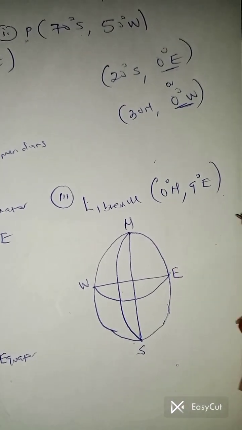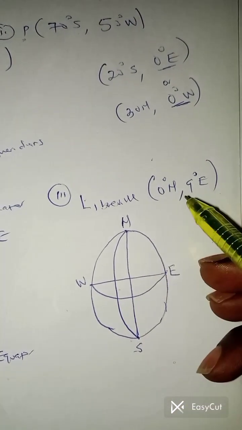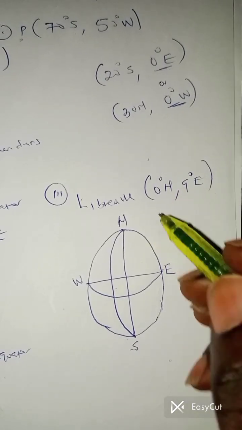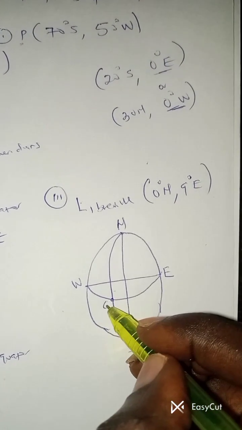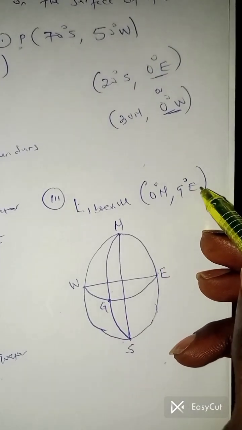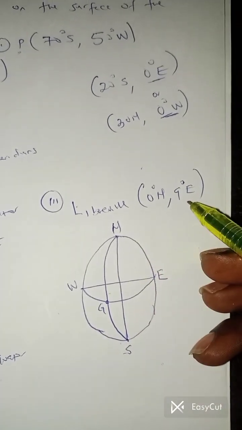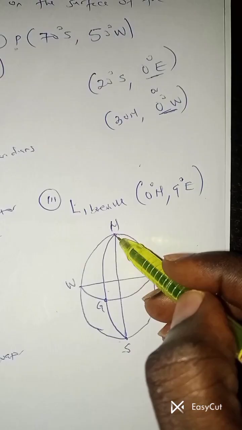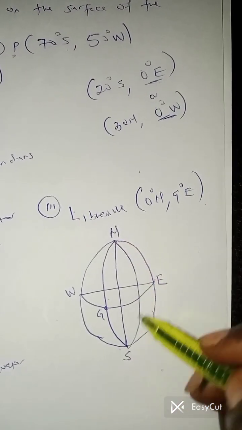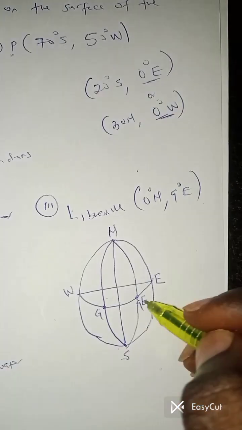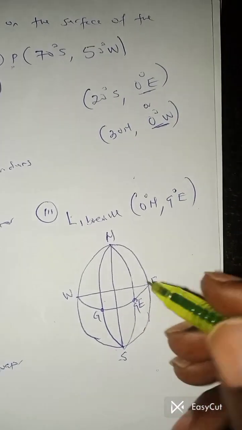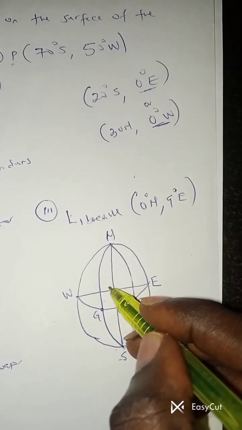So the next thing I will draw, we all know that this is my prime meridian, so I can call it G. And my 9 degrees east is to the east of it. I don't need to draw the 9 degrees, I just need to draw my longitude, which is 9 degrees east. So this is the center.